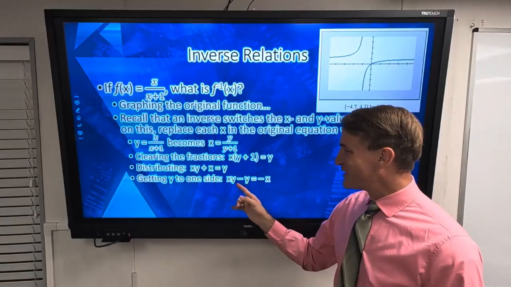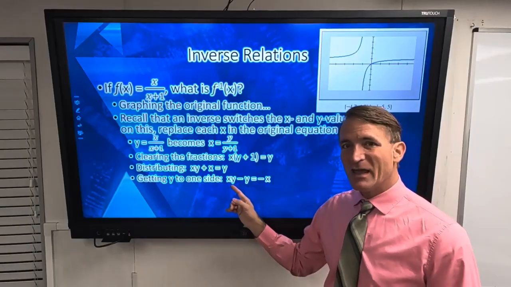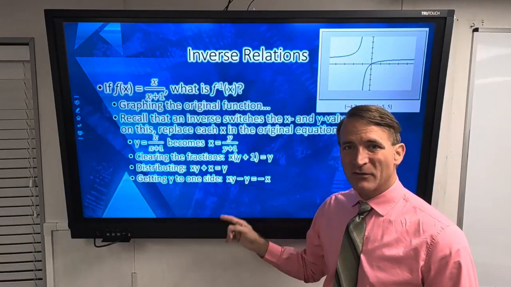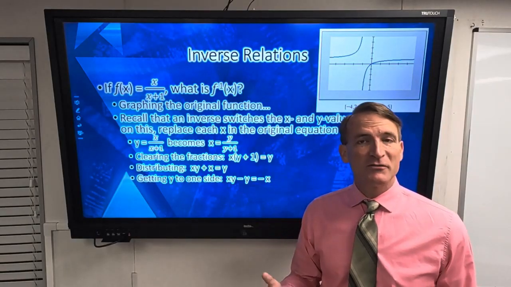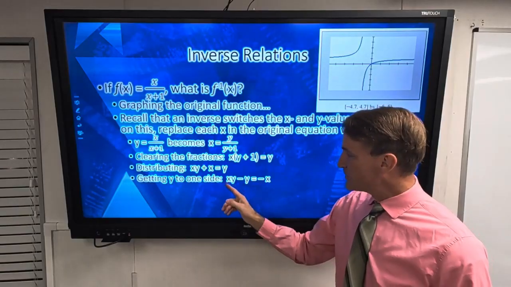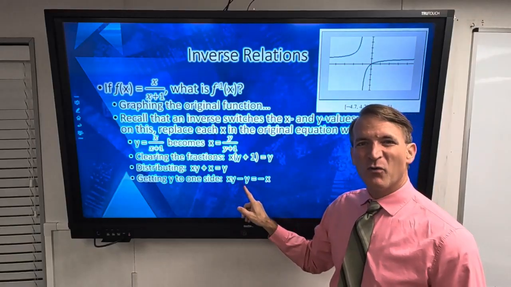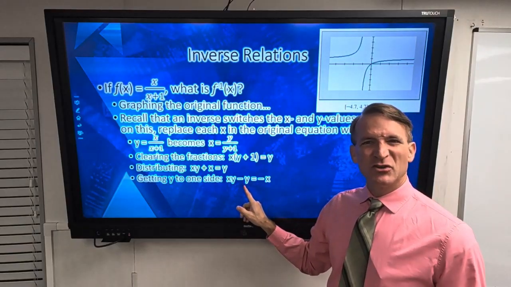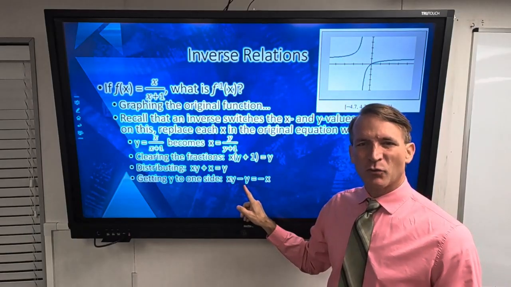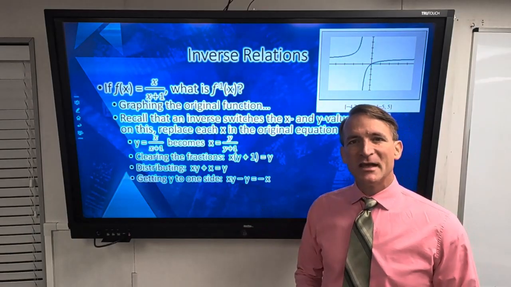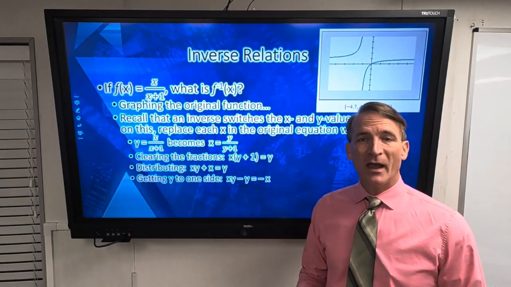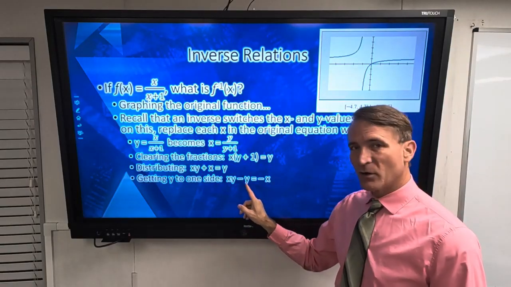And now, once again, some people try to divide by x to get the y all by itself, but you cannot do that. If you were to divide by x, yes, this would become a y, but this would become y over x. And so you still have an x combined with your y. So what do we do instead? We are going to factor out our y term.